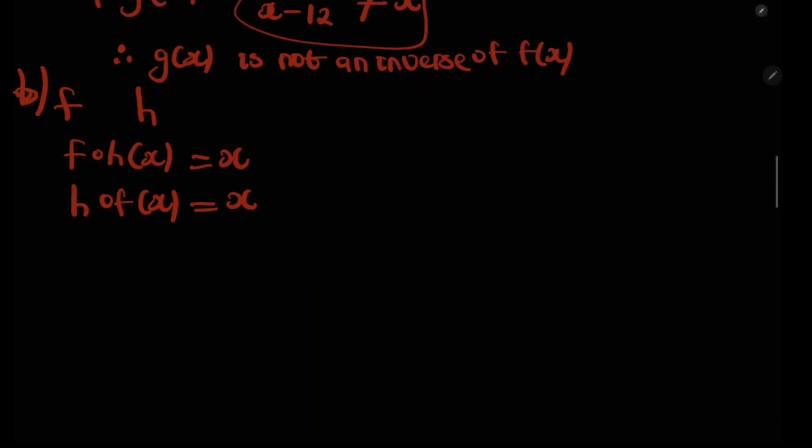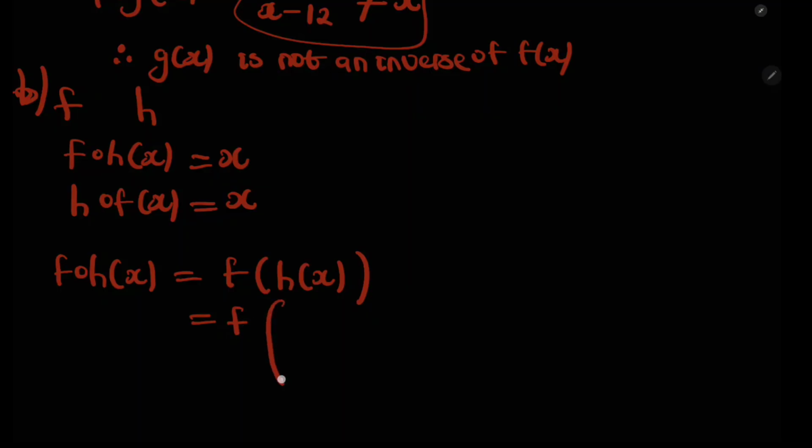Let's take the first case, f of h of x, which is f into h of x. What is our h of x? It is 5 on x plus 2.